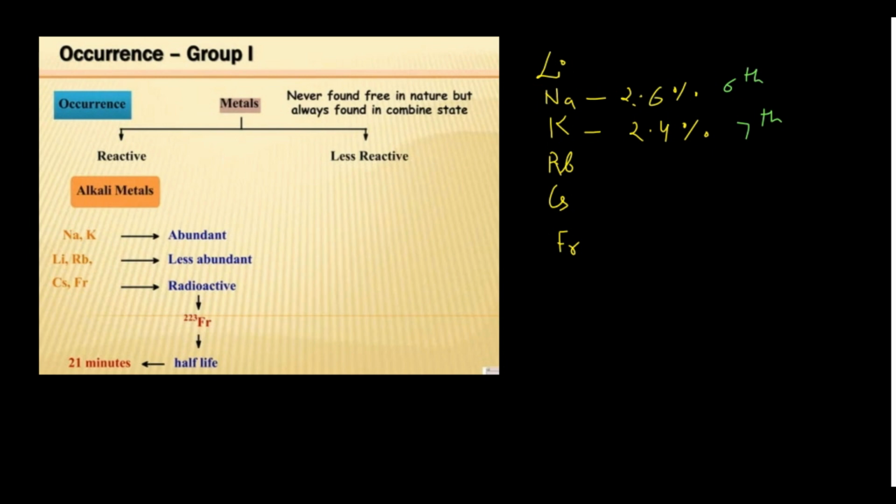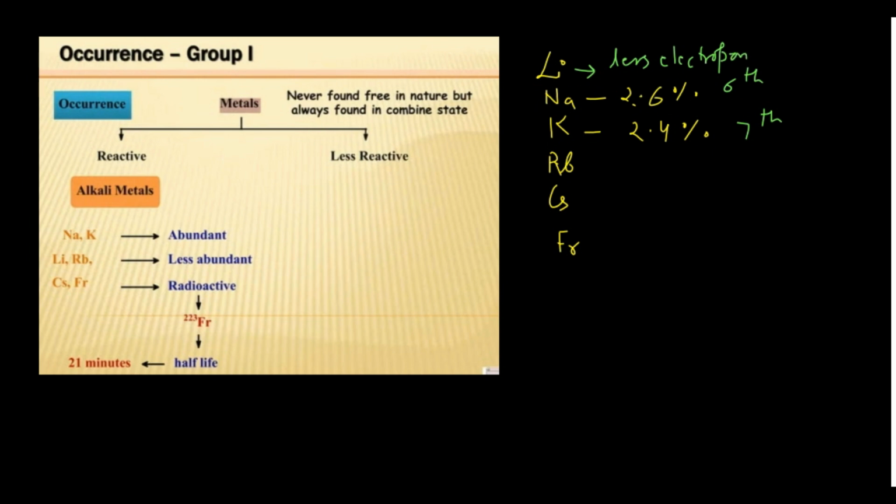earth crust, basically. And among all the alkali metals, lithium is the less electropositive. Please remember, the size of lithium is very small, so it is less electropositive.